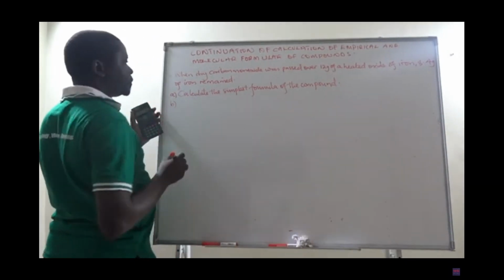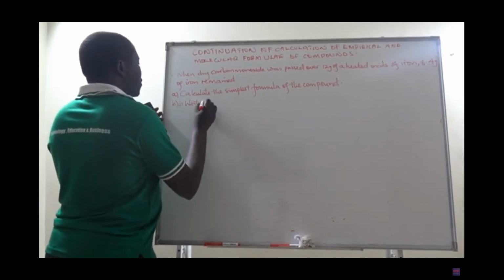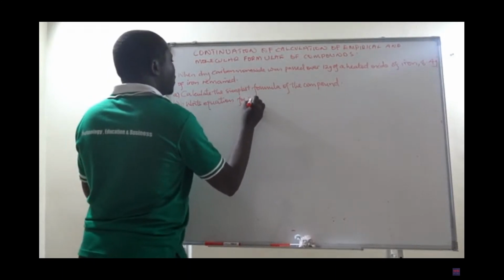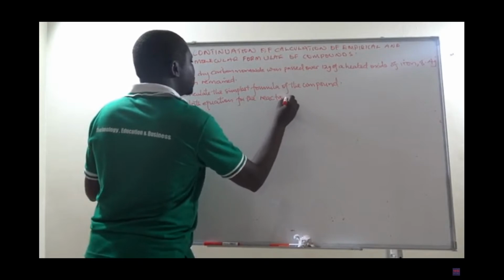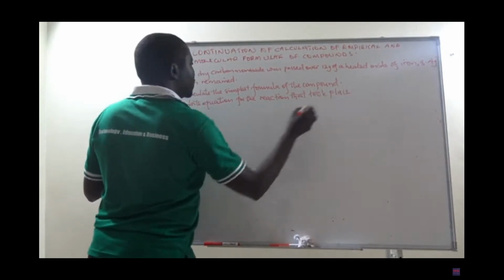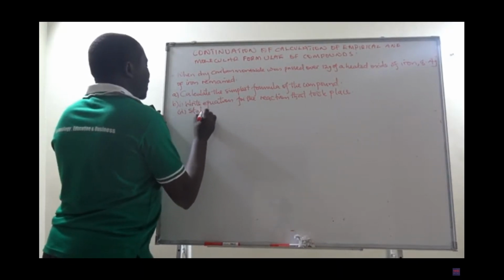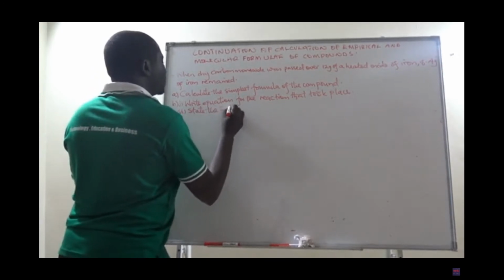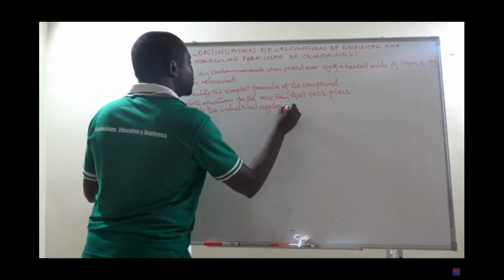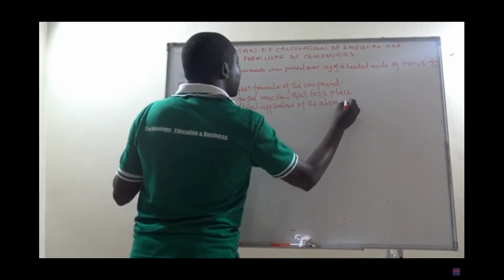In part B, Roman 1, write the equation for the reaction that took place, and then Roman 2, state the industrial application of the above reaction.